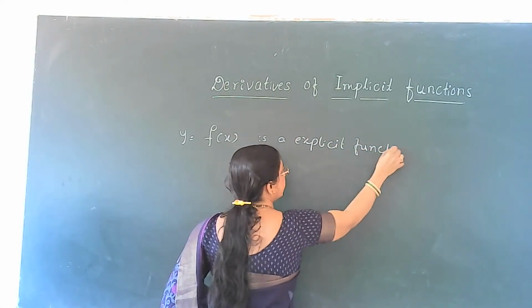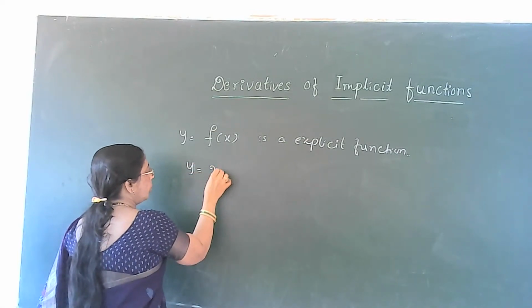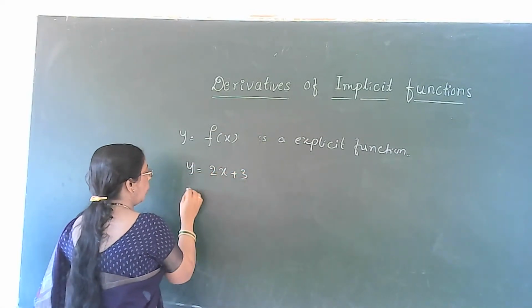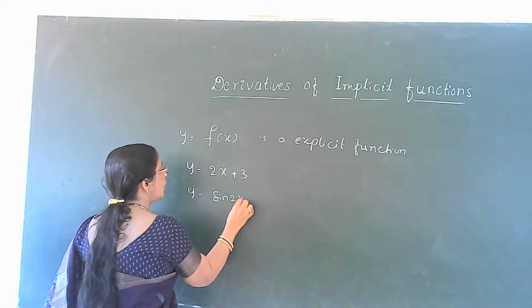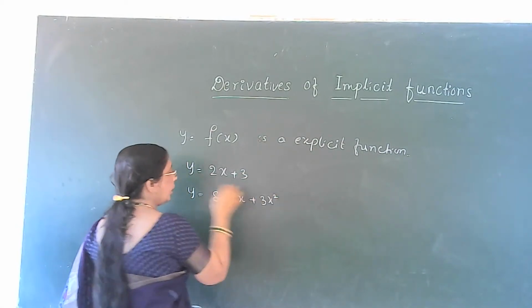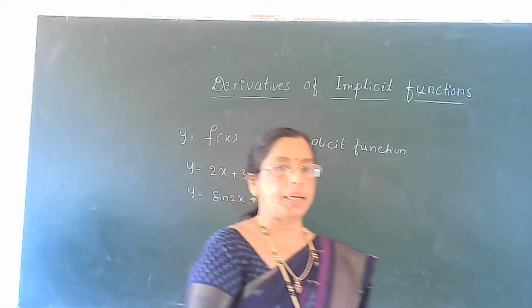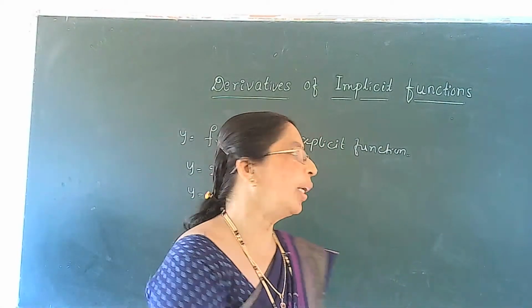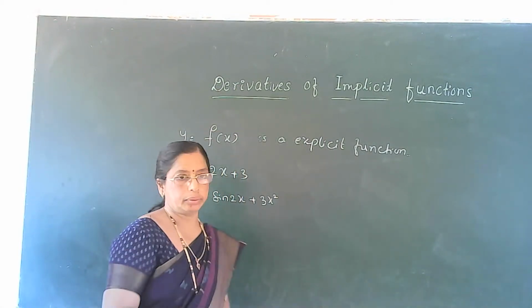For example, y = 2x + 3 or y = sin 2x + 3x² are explicit functions. We already know how to find the derivatives of these functions.